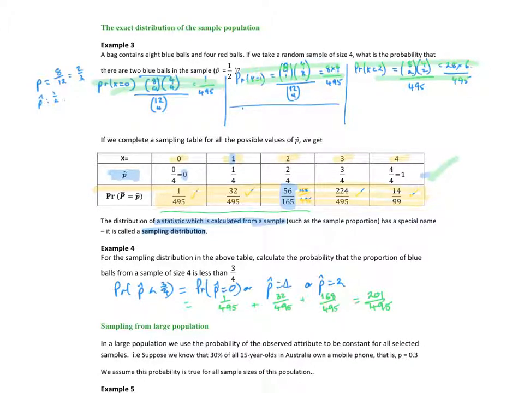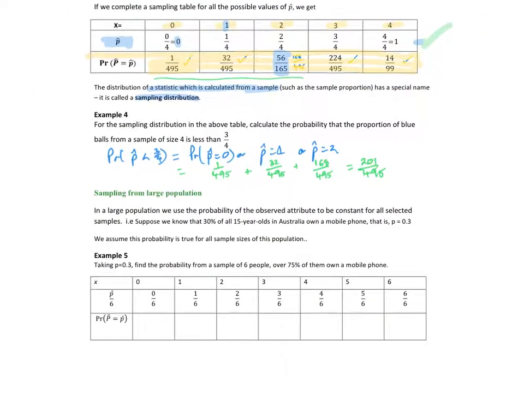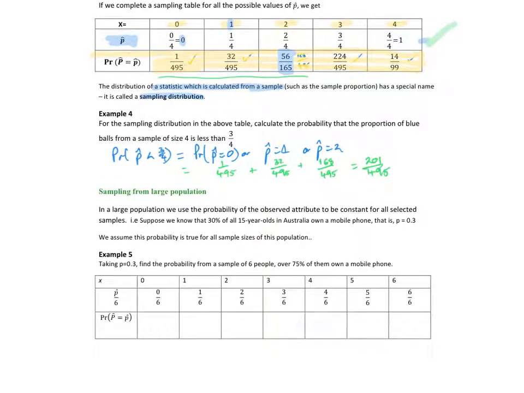All right. What other definitions have we got here? So if we're sampling from a large population, we use a probability that the observed attribute is going to be constant. Suppose we know that 30% of all 15-year-olds in Australia own a mobile phone, all right?